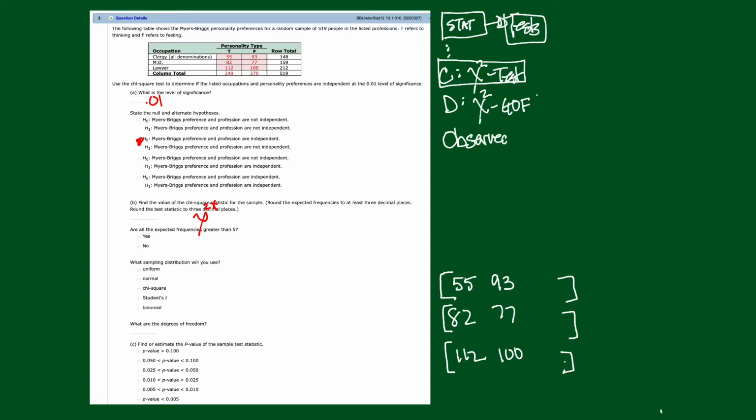All right, so it wants the observed matrix, and then it wants the expected, and then it's going to say calculate. Now for observed, our observations are here in matrix A, so we need to get matrix A. So how do you do it?